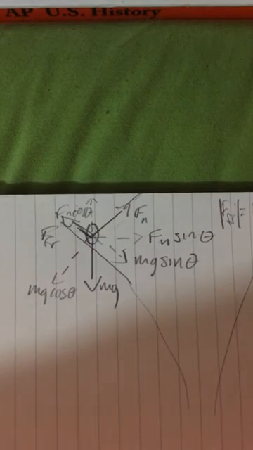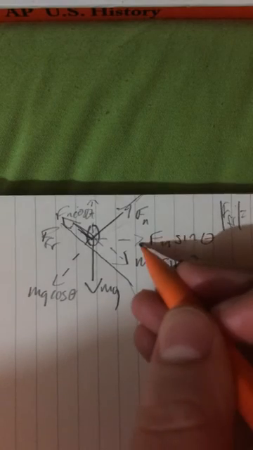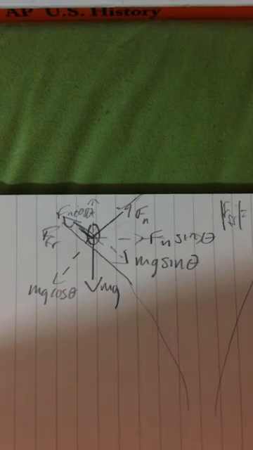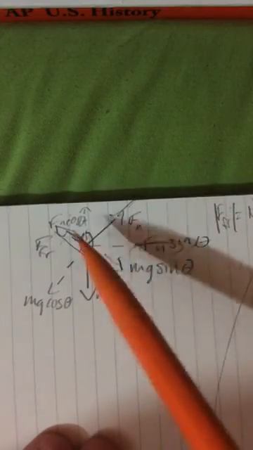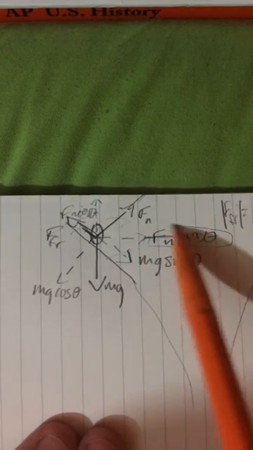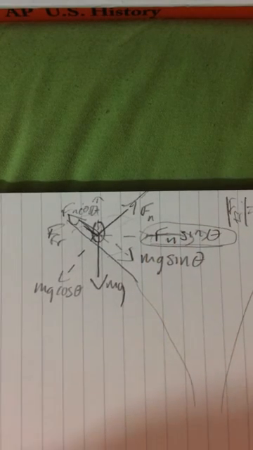Imagine that it goes some off the page, and this would make this longer. Now you look at this free body diagram, and it's pretty easy to see that in the x direction, this is x and this is y, all of these balance out, and so the net force is this force towards the center, which is how we know that it's in uniform circular motion.